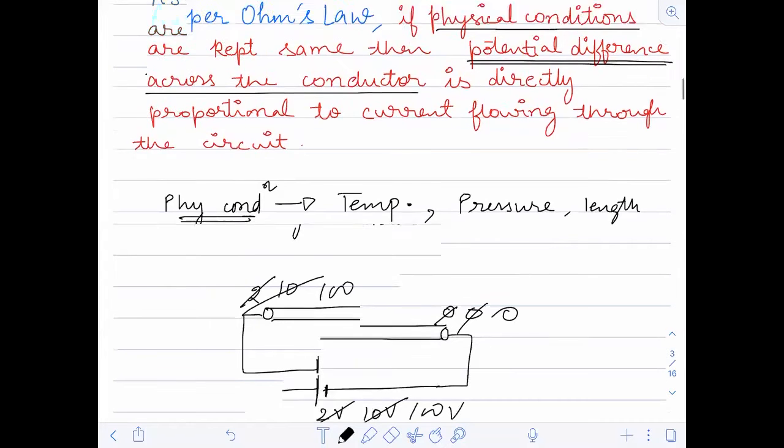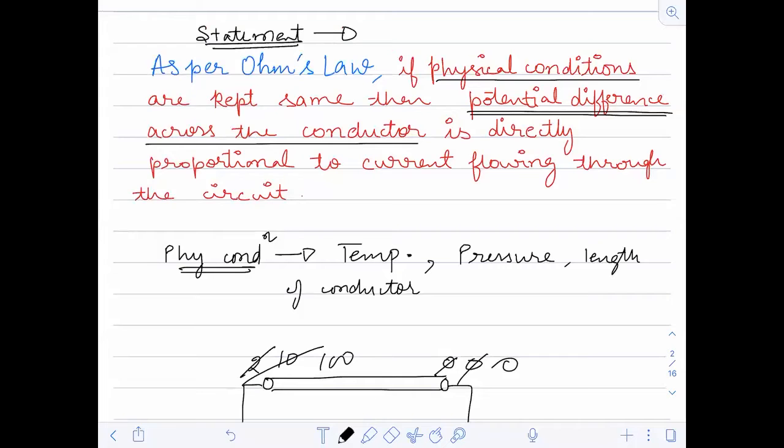So what it is saying is that if physical conditions are kept the same, then the potential difference across the conductor is directly proportional to the current that will flow through it.